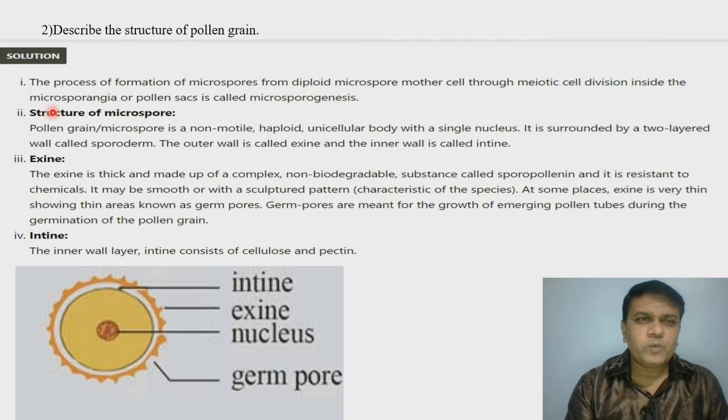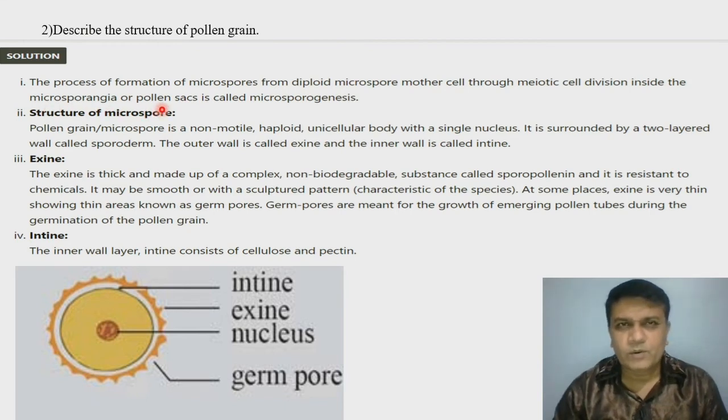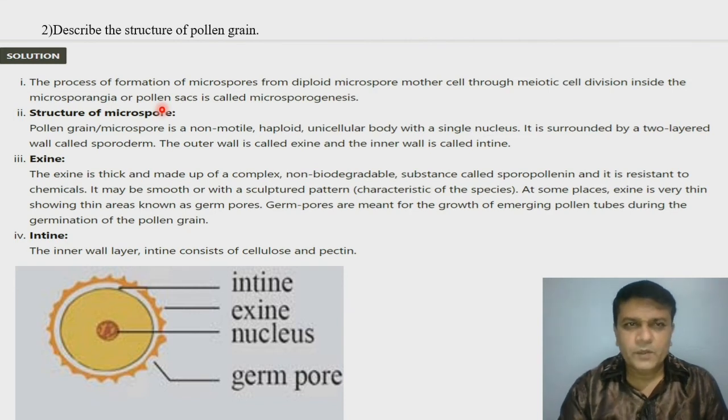Microsporangia are also called pollen sacs, and you know that there are total 4 pollen sacs in a dithecous anther, while 2 pollen sacs in a monothecous anther. So the formation of pollen grain is called microsporogenesis.